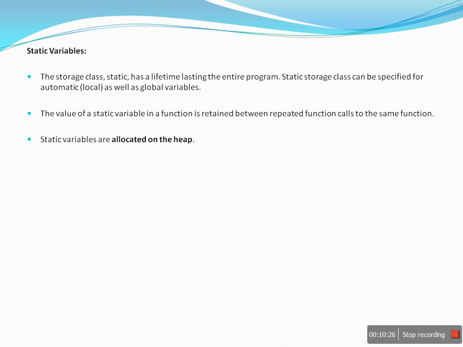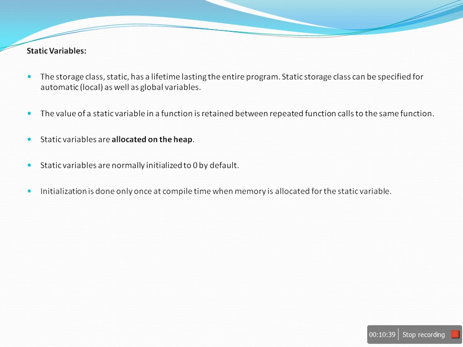Static variables are allocated onto the heap area. Static variables are normally initialized to 0 by default. Initialization is done only once at compile time when memory is allocated for the static variable.